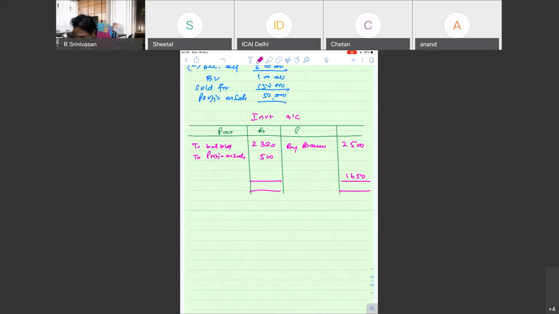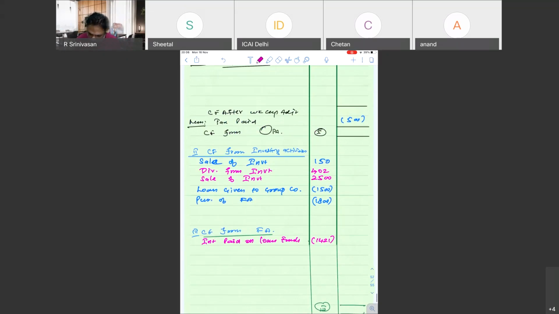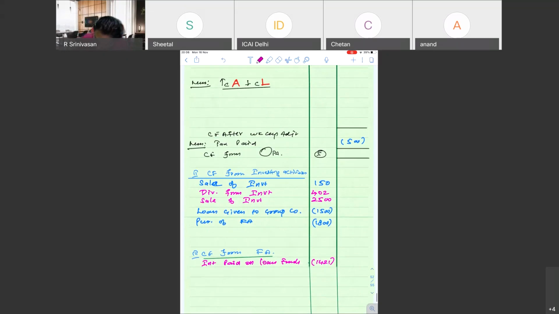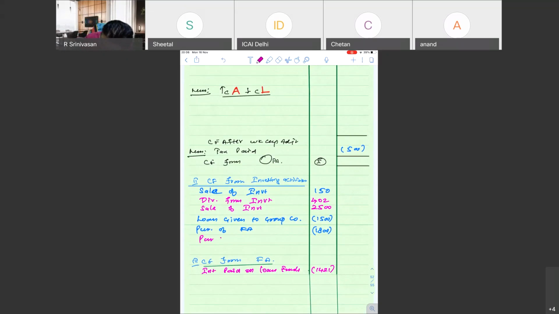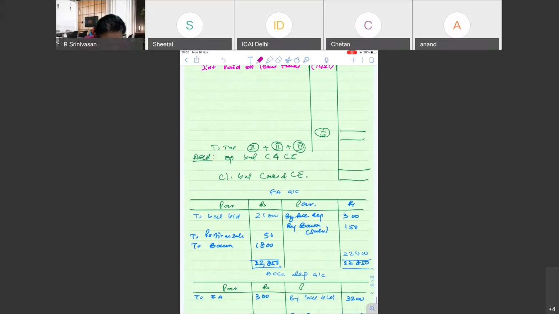How much is 2,500 plus 1,650? 4,150 minus 2,820 is 1,330. To bank, this is purchase 4,150. So here purchase of new investments 1,330. Okay. Then next adjustments are done.